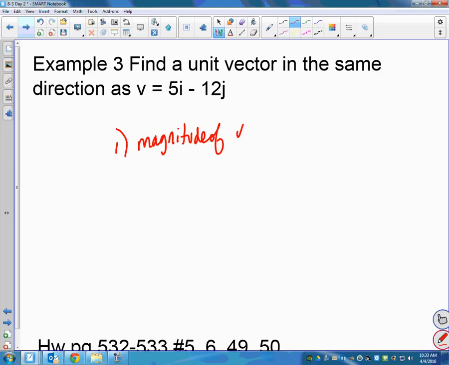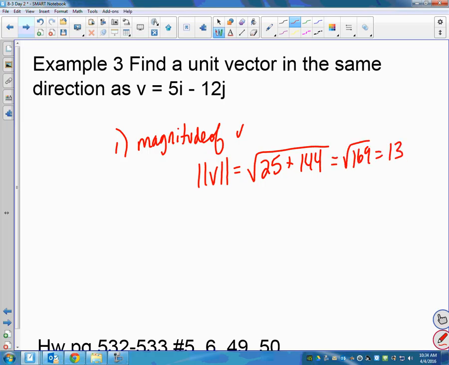It's not a unit of 1 right now. So just like we did on the last one, the magnitude of v in here is just going to be the square root of squaring the components. So that's going to be 25 plus 144, which happens to work out really nice, right? To be 13.